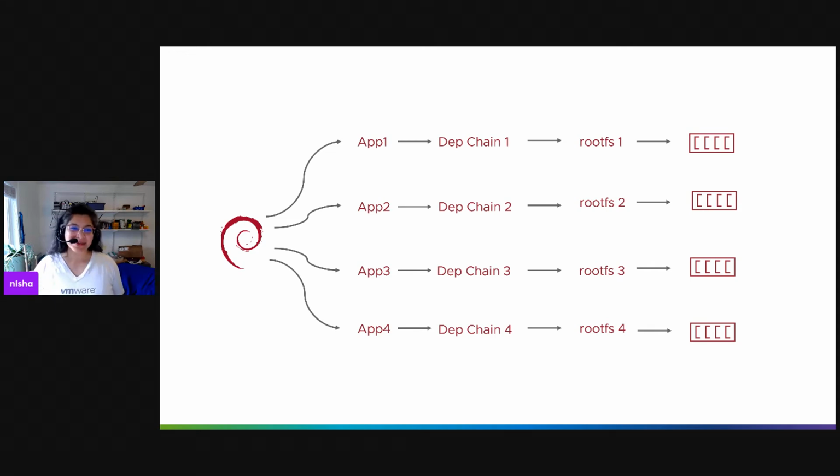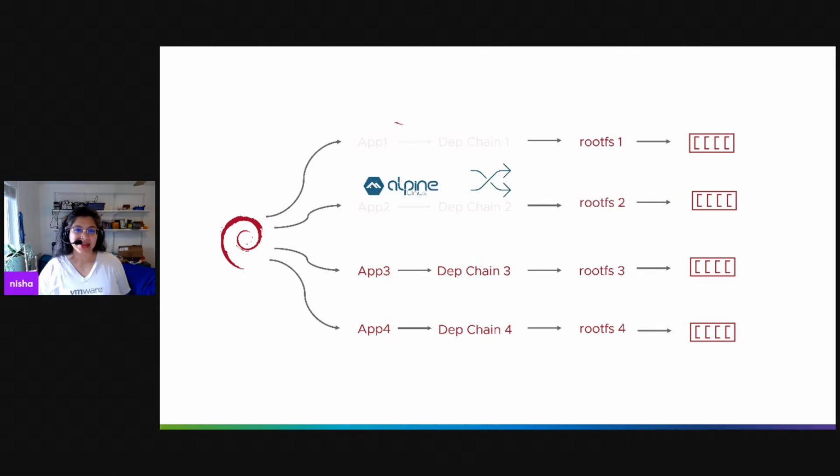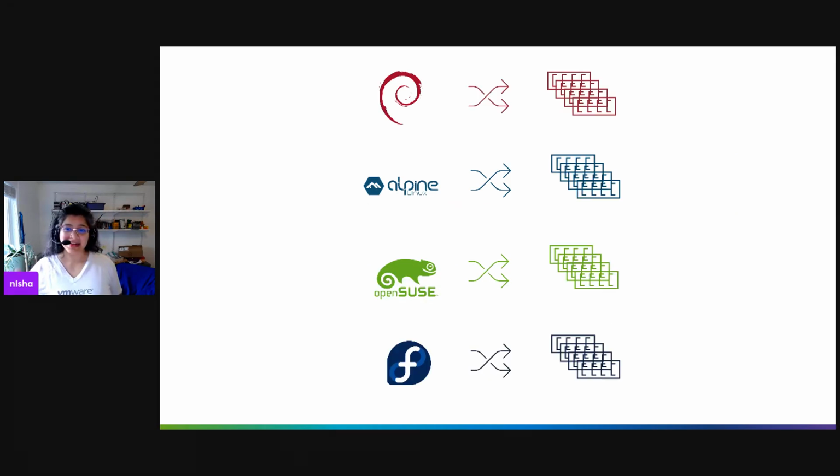The thing is that we're asking distro providers to do a lot of things. They have to do this for every application out there, and I haven't even included every stream. Now imagine every distro provider doing this and creating all of these snowflake container images for every application out there. But this is essentially what Docker enables developers to do. Every single container image out there is a variant of a distro.